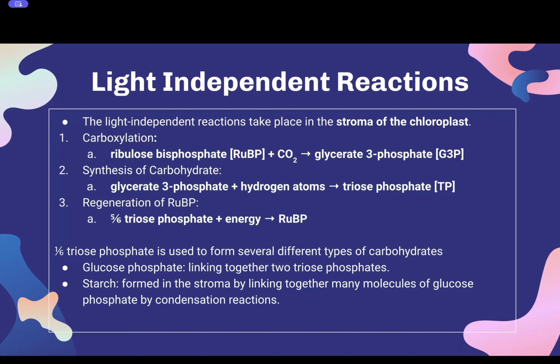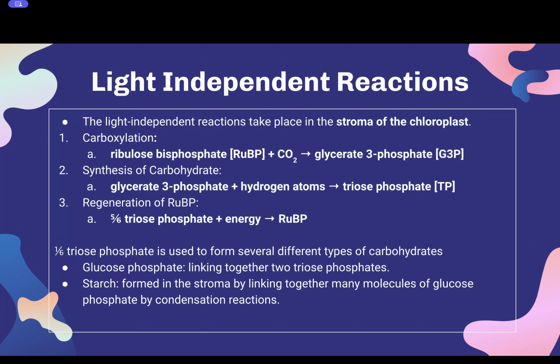Carboxylation is when ribulose bisphosphate, or RuBP, which is created within the Calvin cycle itself, joins with carbon dioxide, which, by the way, is fixed through Rubisco. What is Rubisco? It's an enzyme.